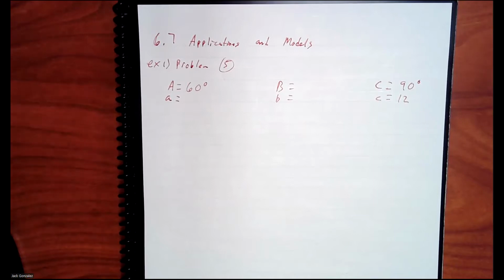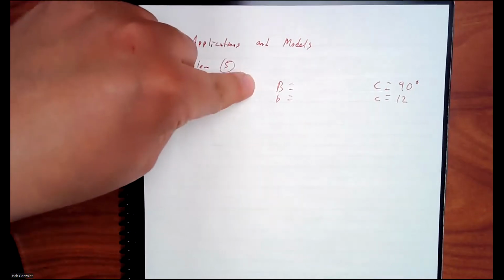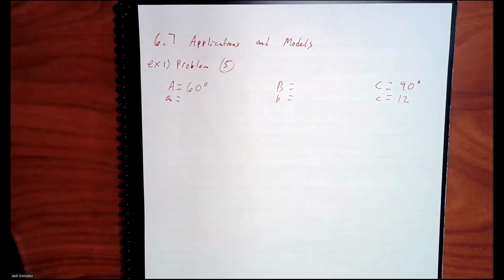If we have 2 angles, we should be able to find the missing one, right? So what is B, or how would you find B? Add A and C together and subtract from 180. Yeah, basically.